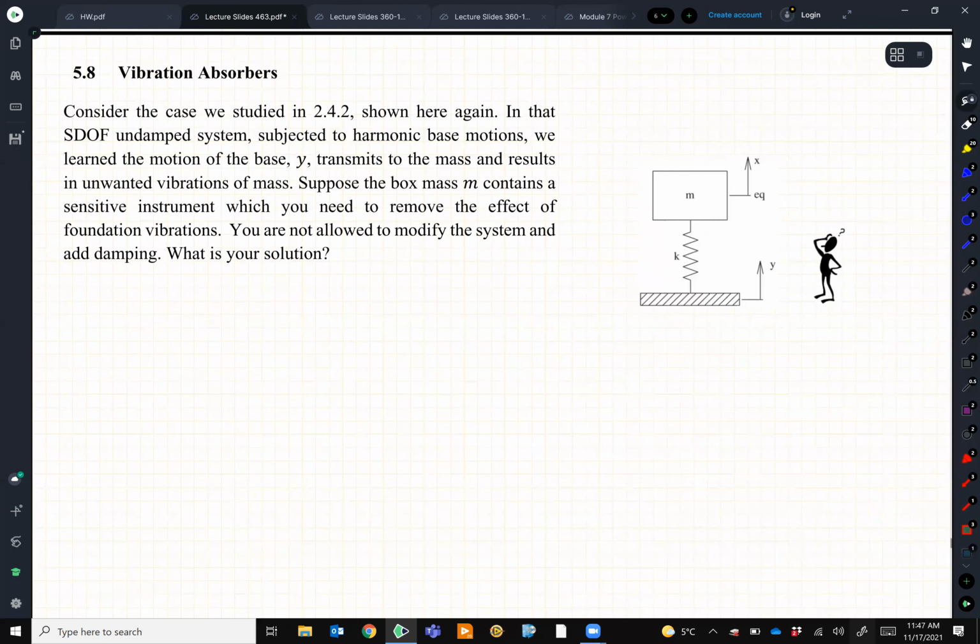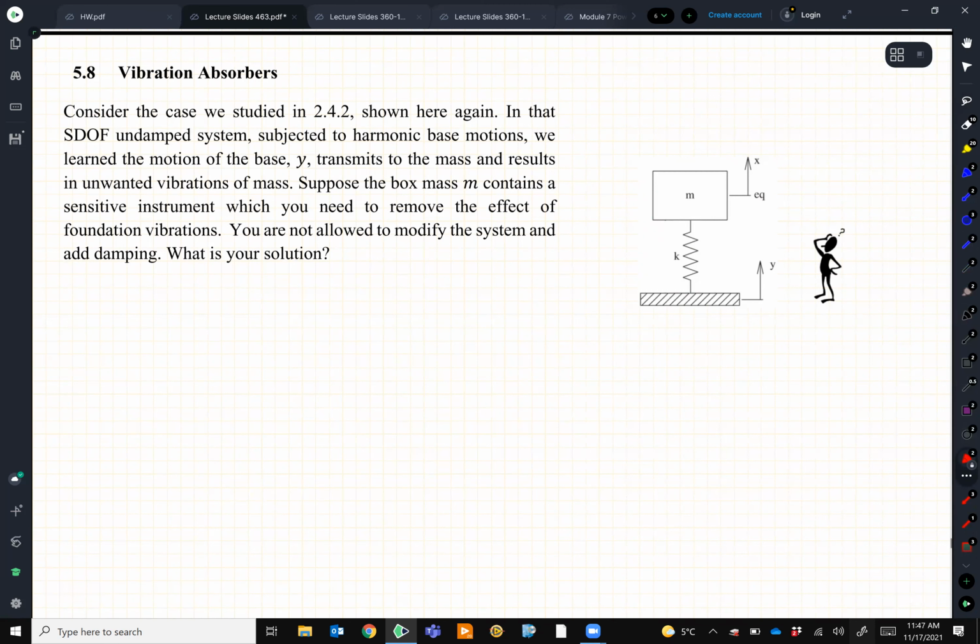You have a system that, let's say for some reason, we don't want to use damping, right? Because remember, damping damps vibration, but it also creates some internal force. But let's say for now, we just want to see if, without relying on damping, we can get rid of the vibration exerted on the system that we have.